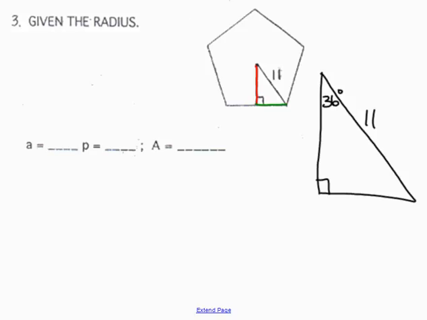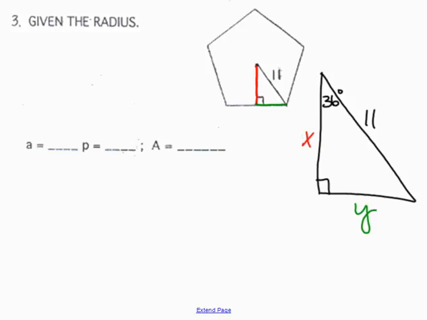So I can use SOHCAHTOA. I need to figure out x and I need to figure out y. So it's going to be sine and cosine. So the first thing we're going to do is the sine of 36. The sine of 36 then equals the opposite over the hypotenuse.